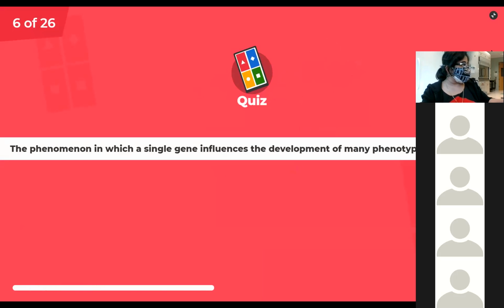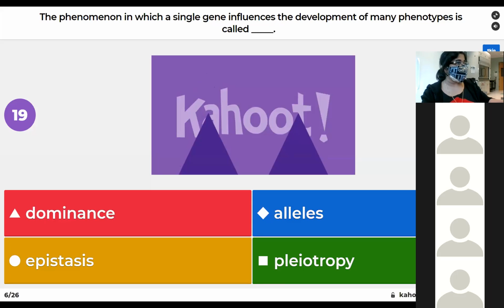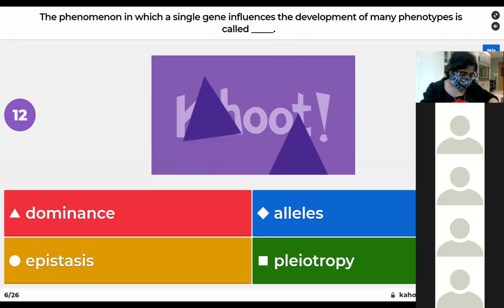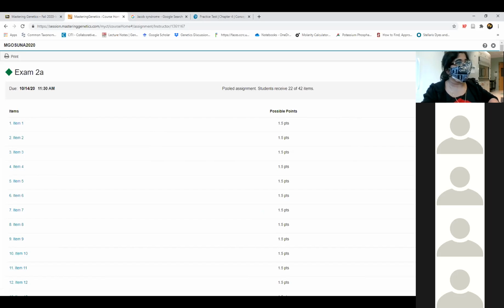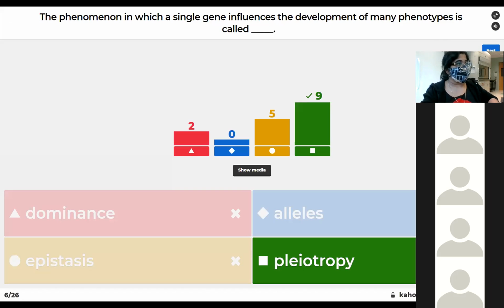The phenomenon in which a single gene influences the development of many phenotypes is called what? Okay, so that is pleiotropy.